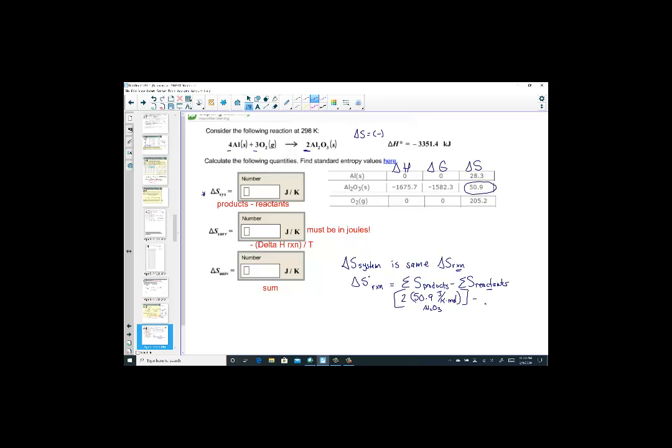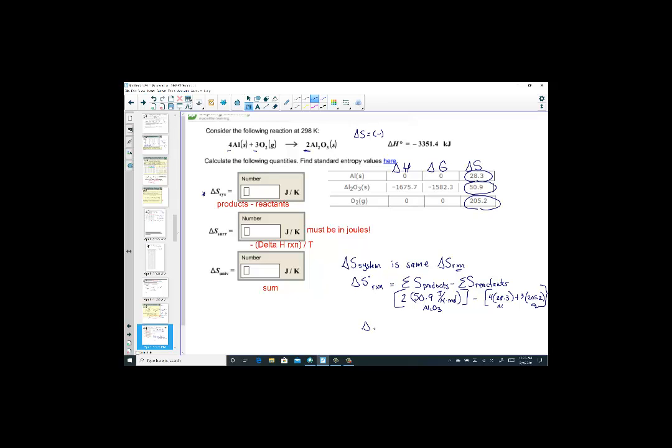Minus, we have 4 moles of aluminum, which is assigned a 28.3 value, plus we have 3 gaseous moles of oxygen, which is assigned 205.2. So again, just to emphasize, this is the aluminum and this is the oxygen.